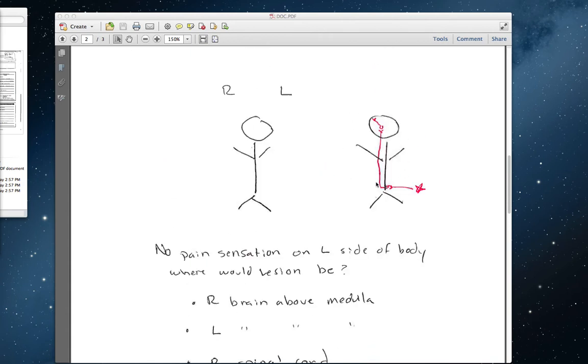So now that we're looking at this, the question is, where could the lesion be that would be able to give you numbness over here? Well, it could happen anywhere along this pathway here. Conceptually, this is the thing that can help. Think about this as a telephone line that moves from a sender here up to a receiver.